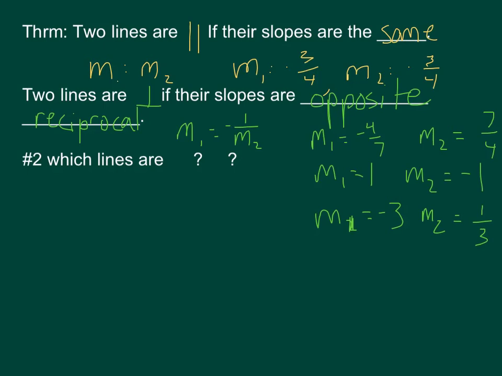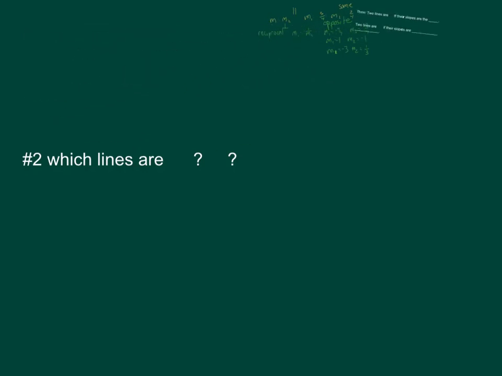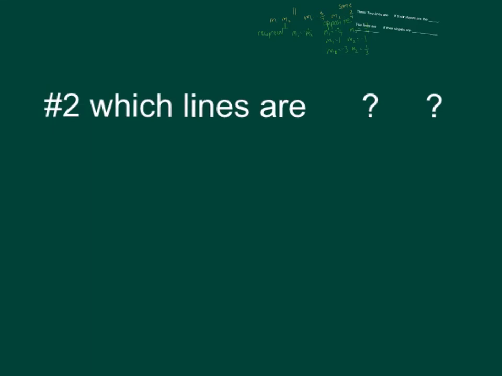All right, here we go. Last example, and then we're done. Here's my question. I want to know in example number 2 which lines are parallel and which lines are perpendicular. I'm going to give you 3 lines. Here's line 1, L1. It is y equals 3/4 x minus 7.